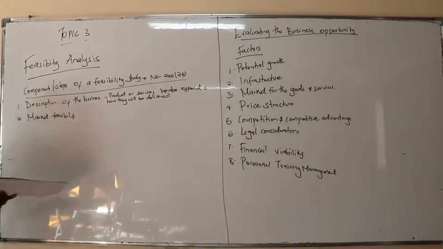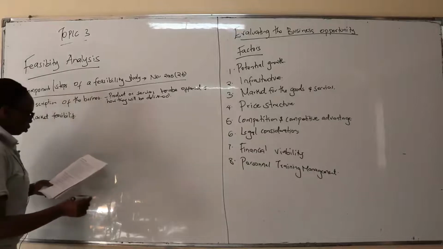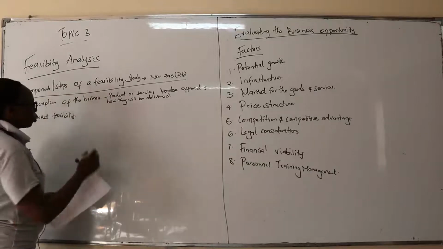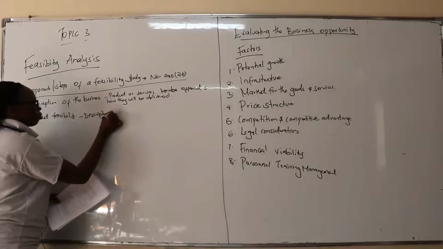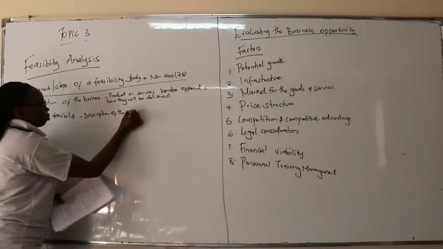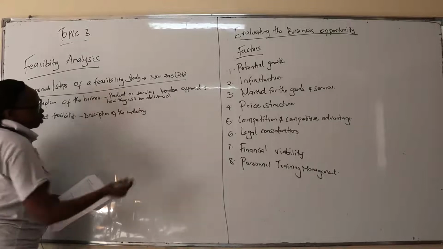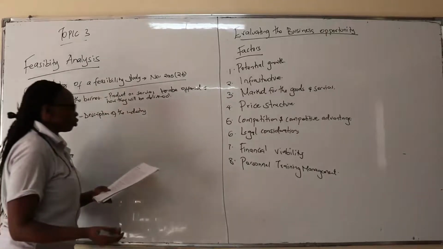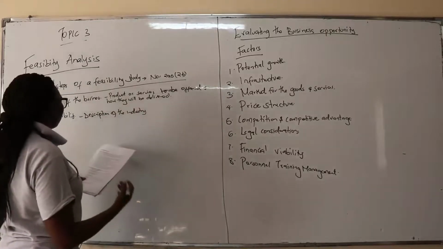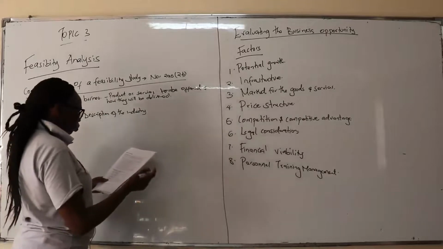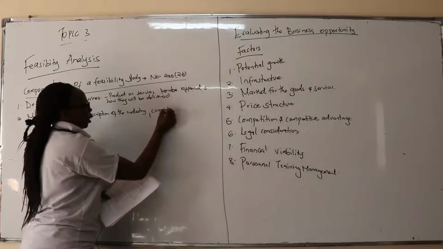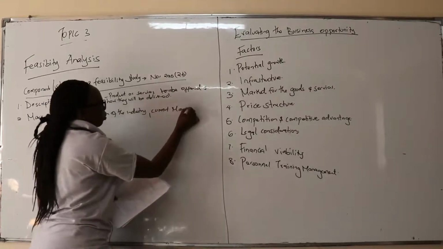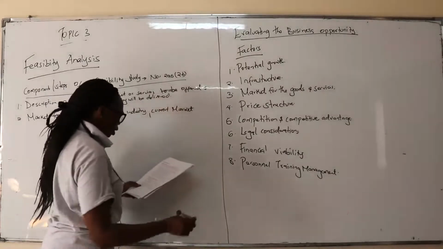When you talk of the market feasibility, there you will include the description of the industry. That is, are you in a service industry or whatever industry the business falls into, you'll do the description. The current market: where are you currently servicing or supplying your product?